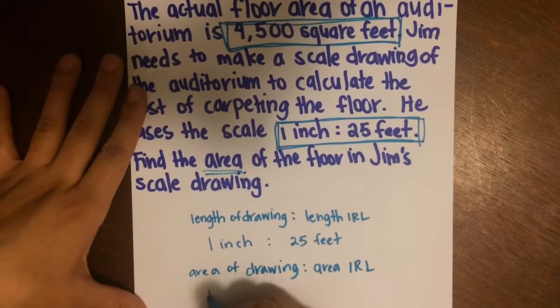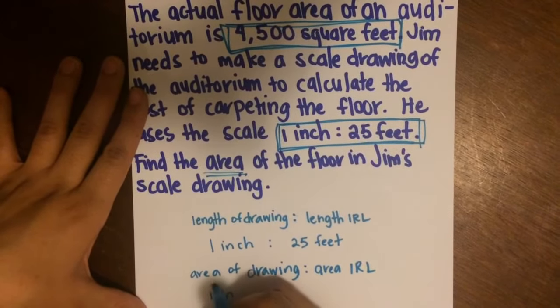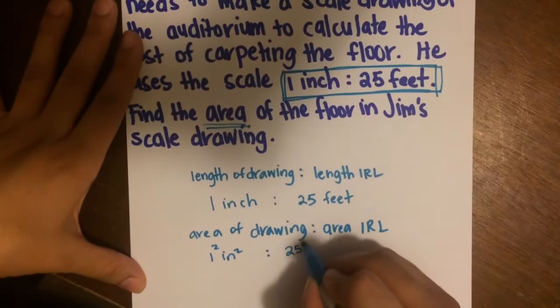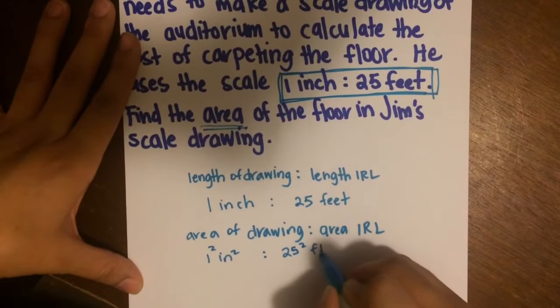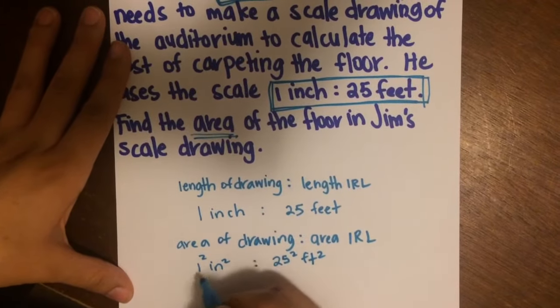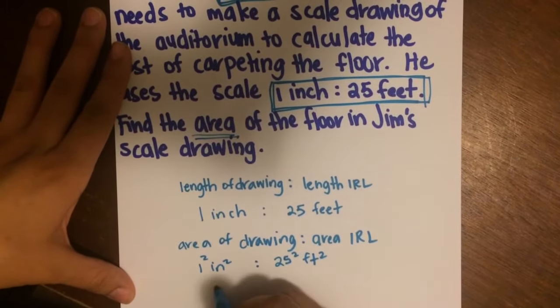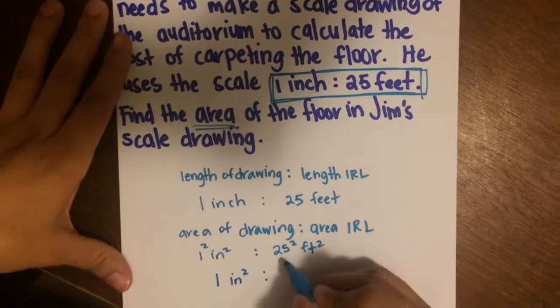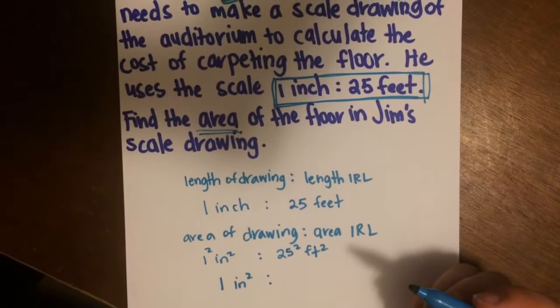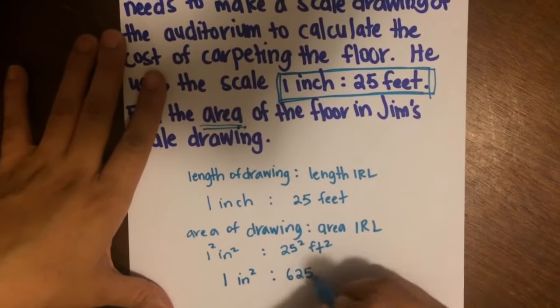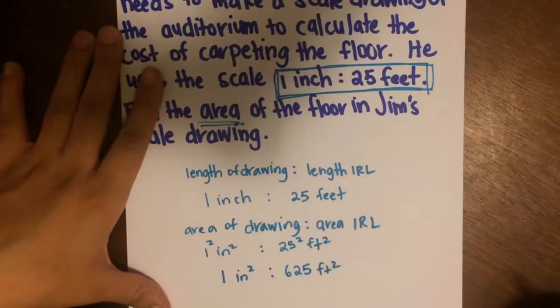Okay, so I'm looking at 1 inch, and both of these are squared, 25 feet squared. And when I do this, I've got 1 times 1. That's what that tells me to do. So I've just got 1 inch squared is to 25 times 25. If I were to use my calculator and do that, that would be 625 feet squared.